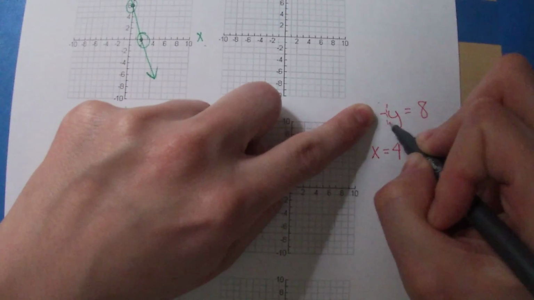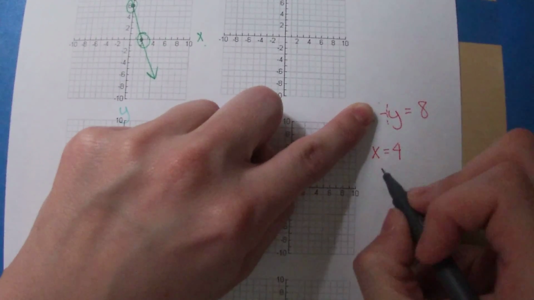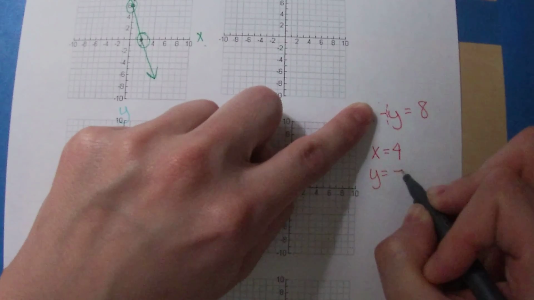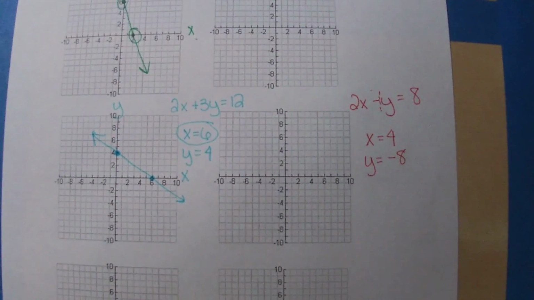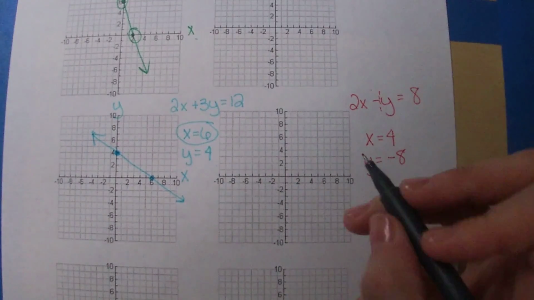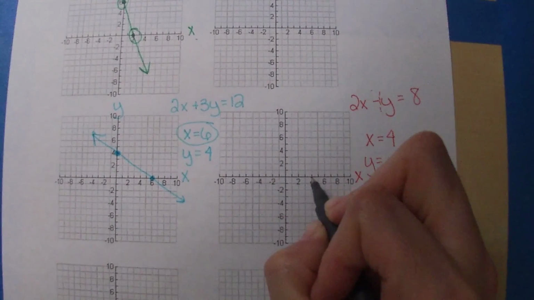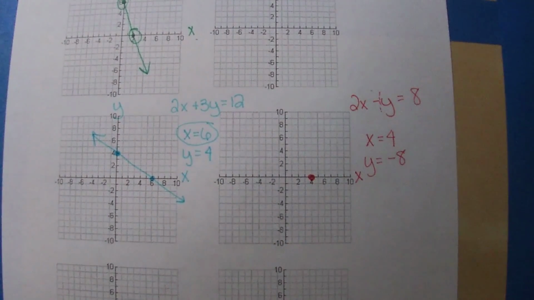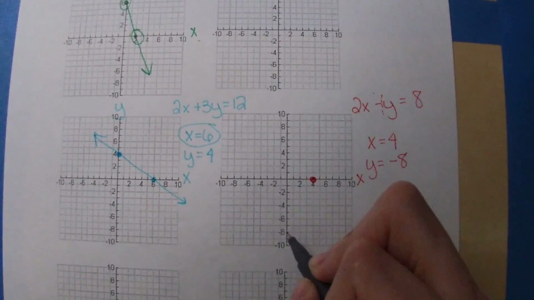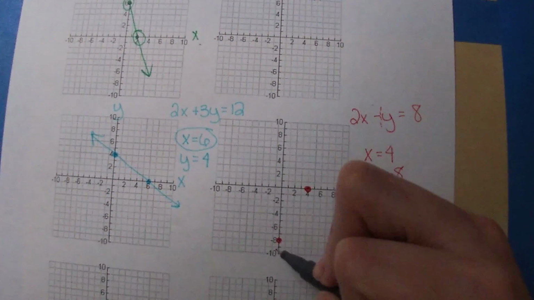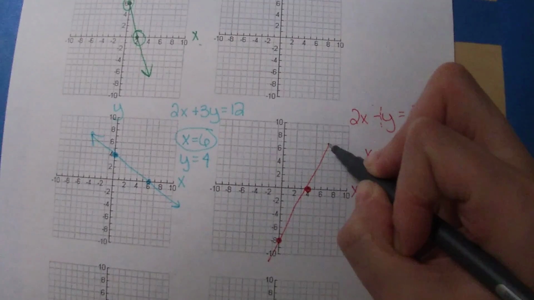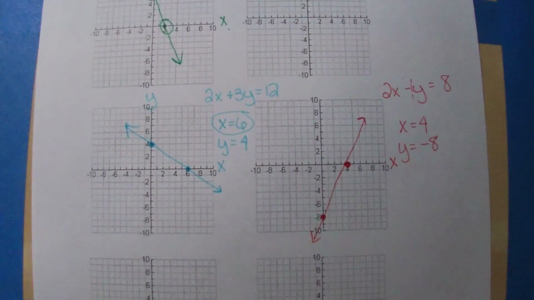So there's really a negative 1 here. So 8 divided by negative 1 gives me a negative 8. And again, you could just type that into your calculator. So on my x-axis, I want to be at 4. And on my y-axis, I want to be at negative 8. And there is my line.